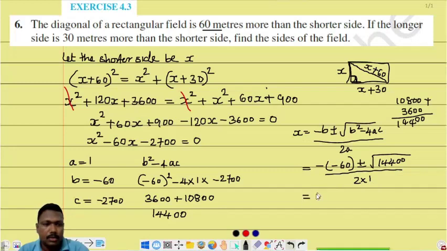So that is equal to 60 plus or minus, see 144, what is the root of 144? It is 12, and double zero we write only 10, divided by 2.